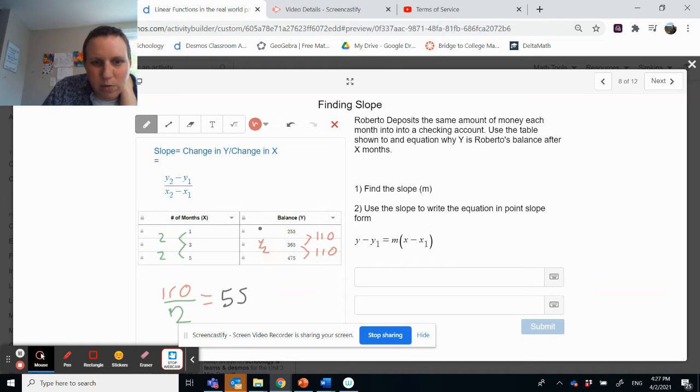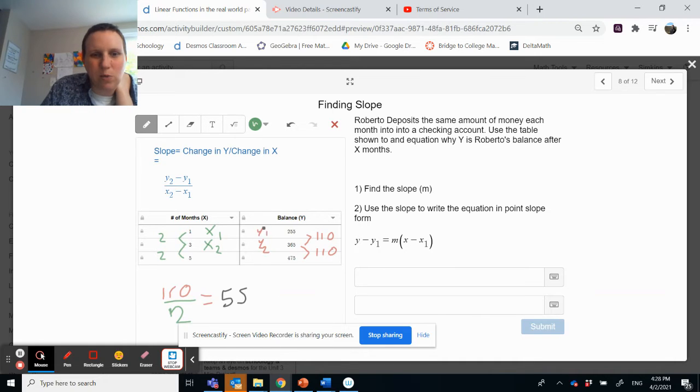This is y2, this is y1, just the first and second y. This is x2, this is, sorry, I wrote that backwards. This is x2, this is x1, that's my first and second x.